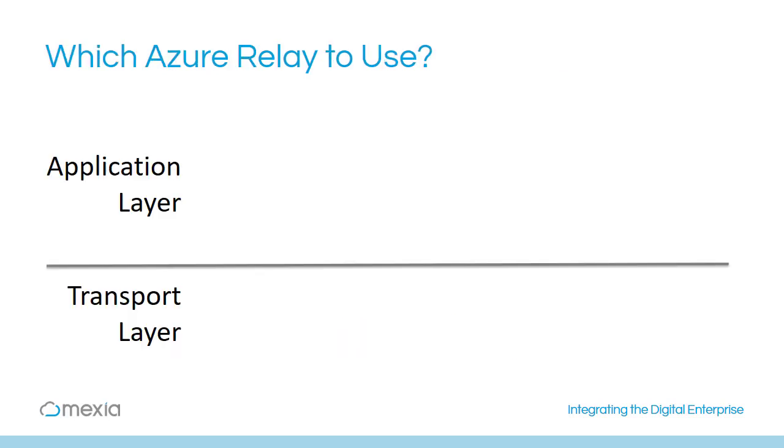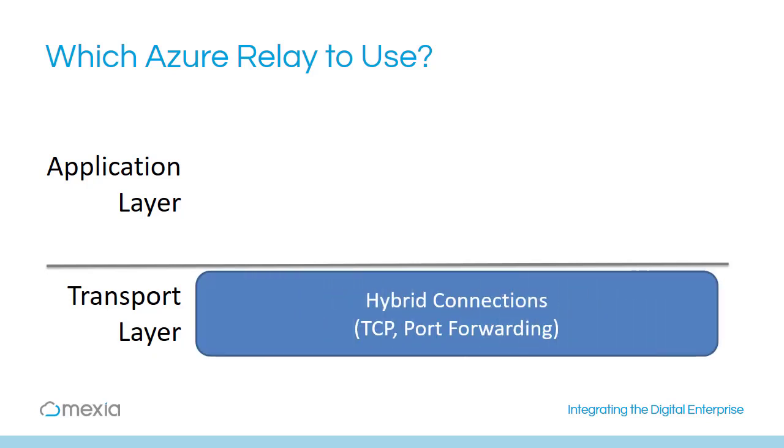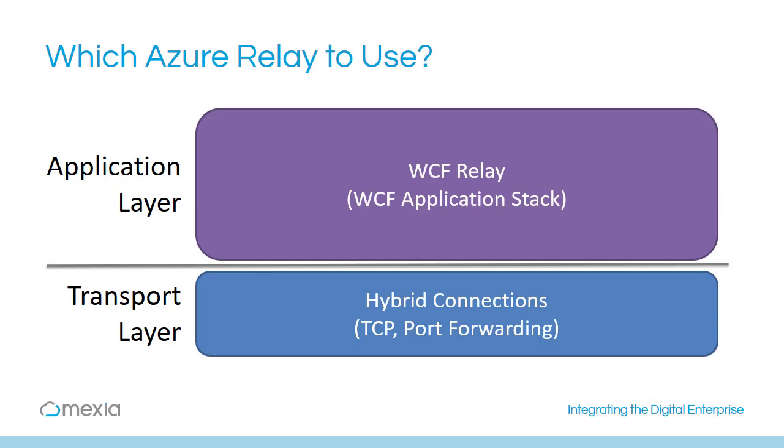Choosing which Azure Relay to use relies on you understanding the difference about where they operate. So remember that hybrid connections works at a very low level, layer 4 transport, actually. So while it's very flexible in terms of the operating systems, as in you can run it on Linux as opposed to Windows, and it has no dependency at all on an application framework, that also means that you can't take advantage of anything that an application framework like WCF would offer you.